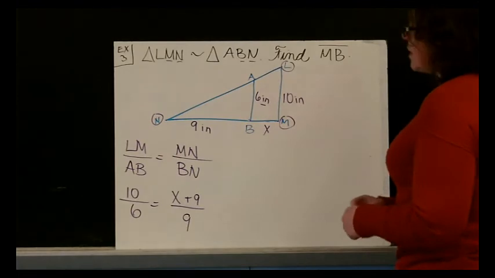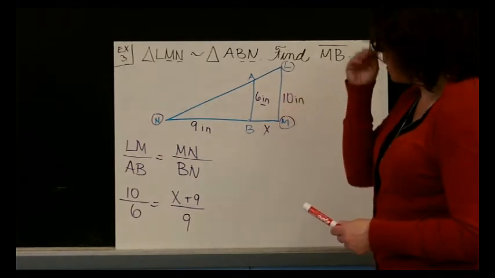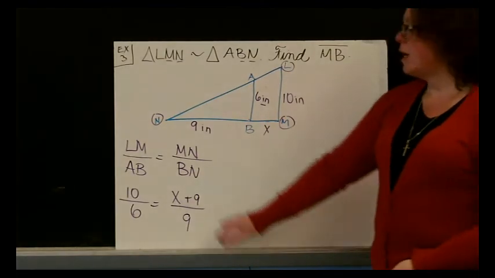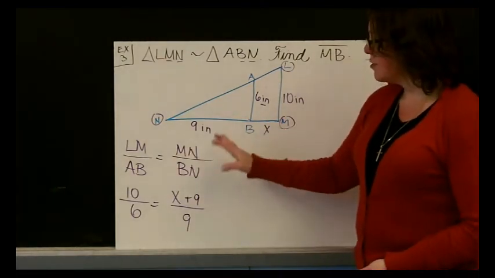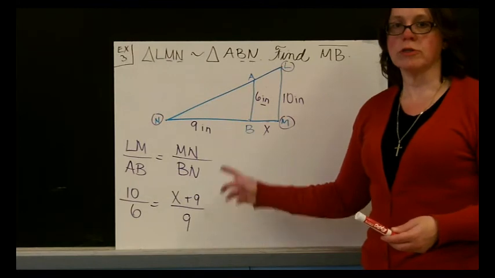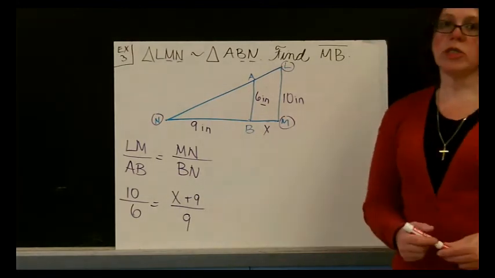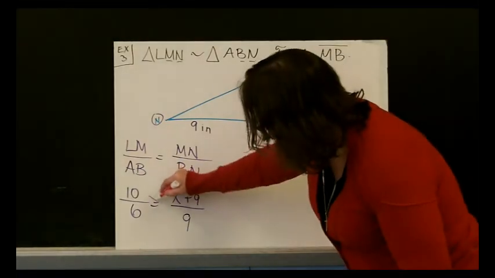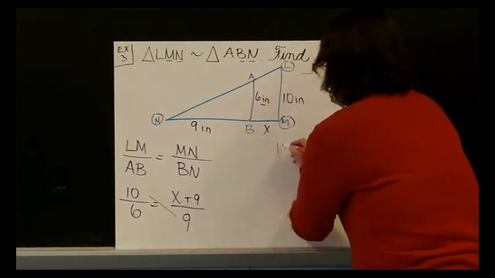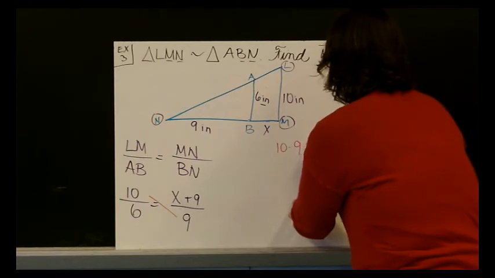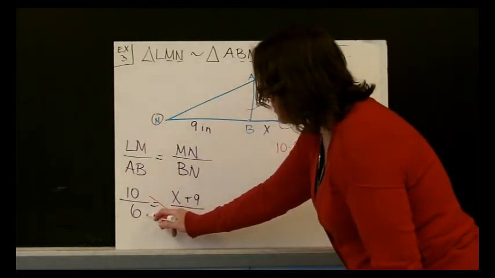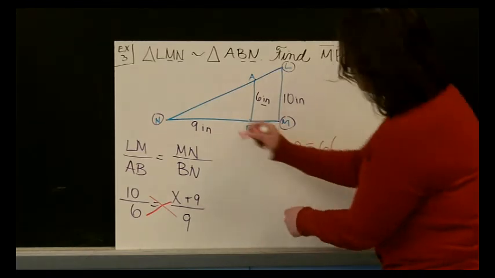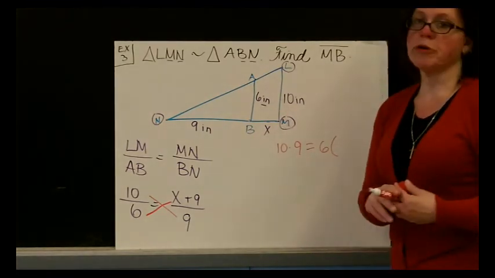So the hardest part really about this kind of problem is setting up your proportion. But again, if you go slowly and always identify your corresponding sides first, that will make the second step much easier. Now we're going to cross multiply. What does it mean? It means 10 times 9 equals 6 times, now remember what I said when we first learned about solving proportions.